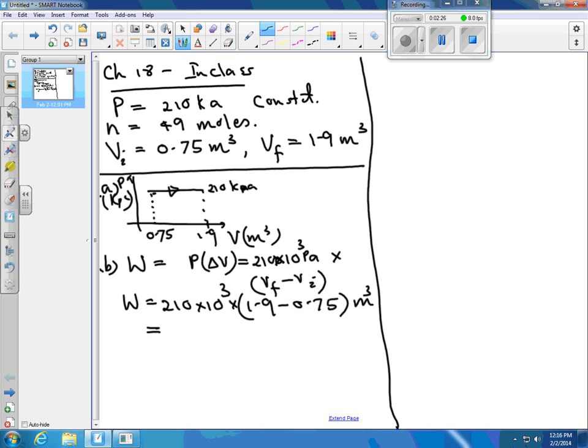So work done in joules. If you simplify this, you get 241,500 joules. That's the work done.